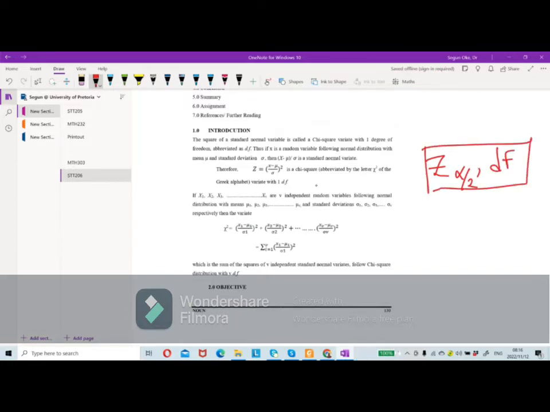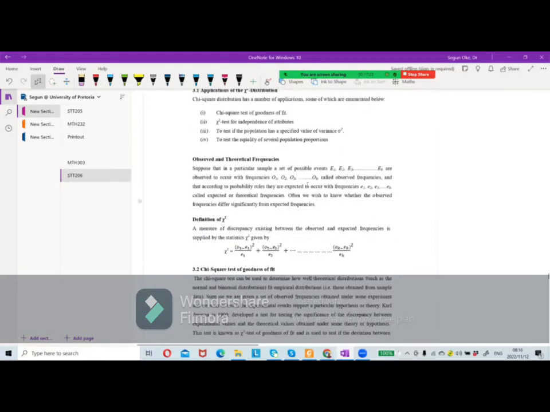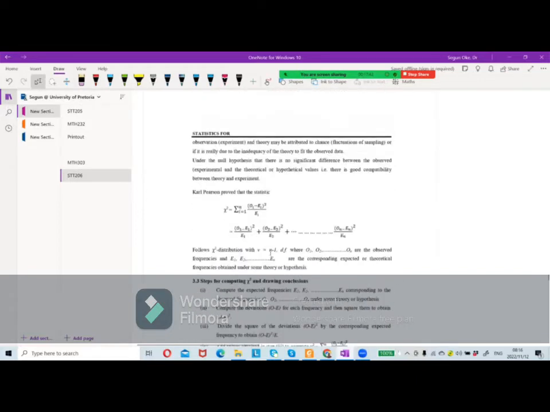This is the tabulated one. But let's look at the main calculated one. This is the calculated one, we call it chi-squared. It's the name of someone that discovered it.